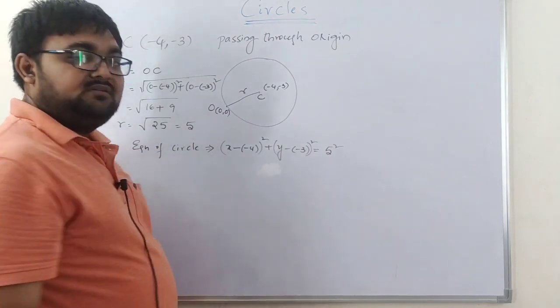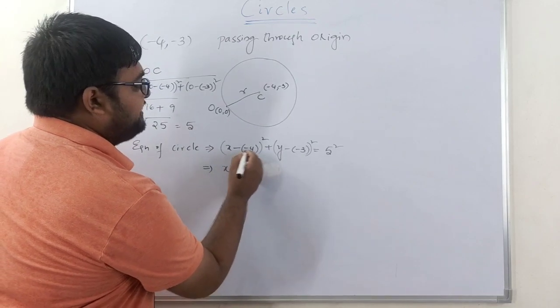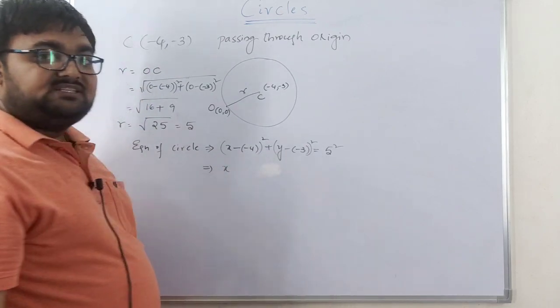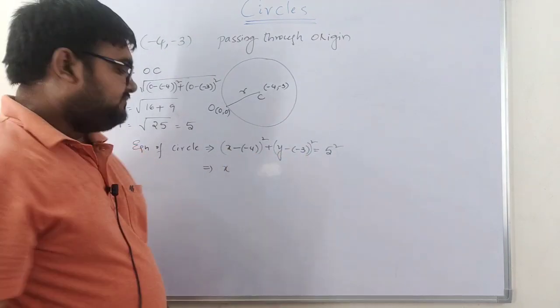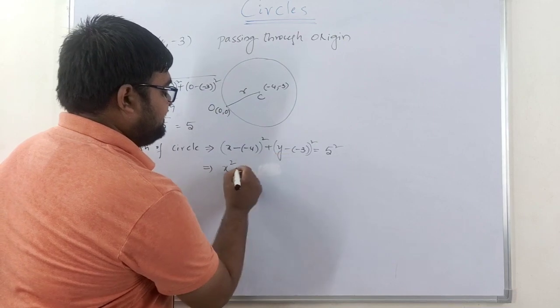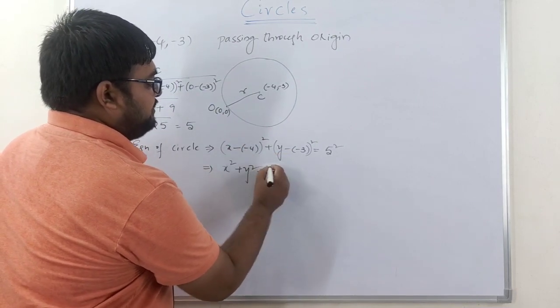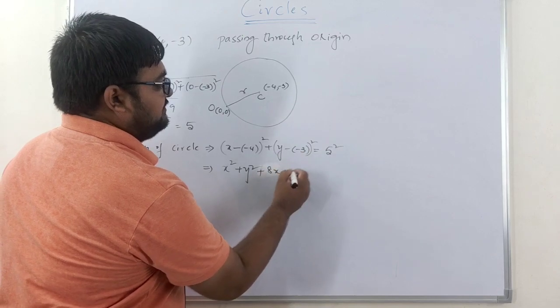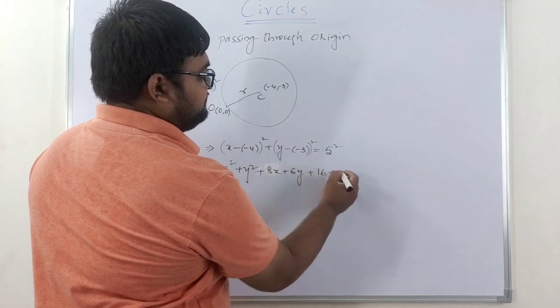So on expansion you are going to get this. What is the expansion? Minus of minus is plus, here also minus of minus is plus. So this is (a plus b) whole square, here also (a plus b) whole square. That means we get a square, which is x² plus y², then 8x, here 6y, plus 4 squared is 16, 3 squared is 9.